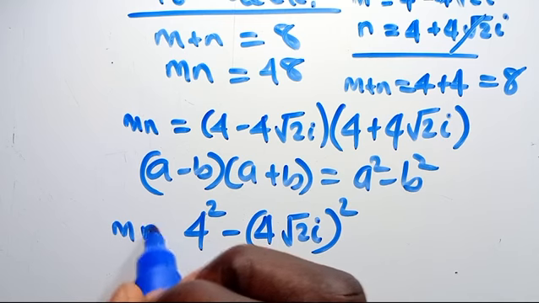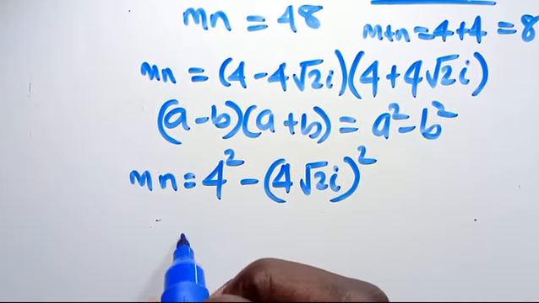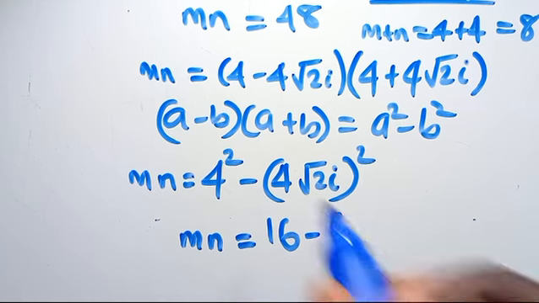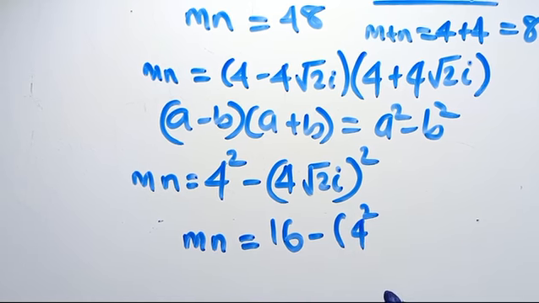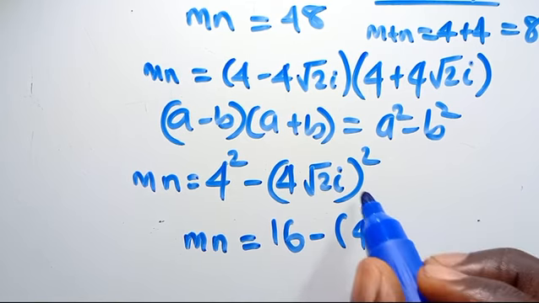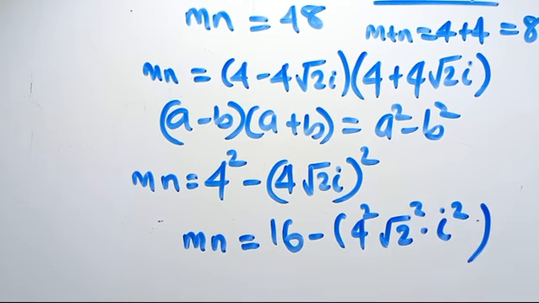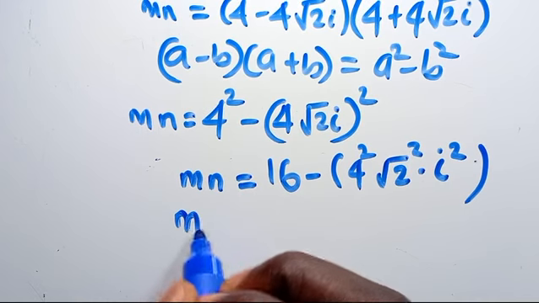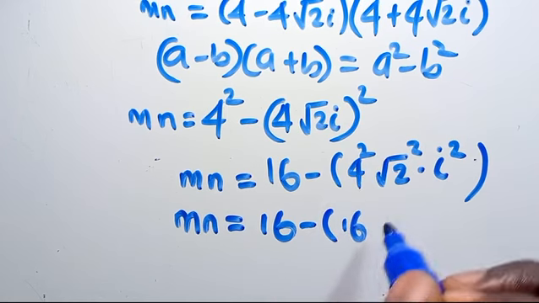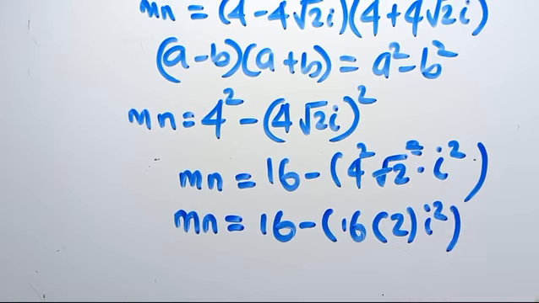So this is our mn. Now from here we have mn equals 16, here also 4 squared, then root 2 squared multiplied by i squared. So from here we have mn 16, times, this cancels this 2, then multiply by i squared.